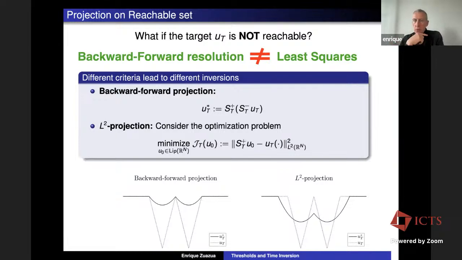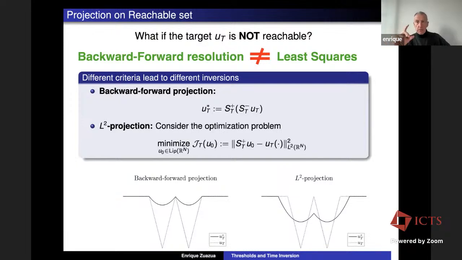But when you do the L2 projection, you see that you get something similar but not identical, right? So one of the key questions is, okay, how do you understand this backward-forward resolution from the perspective of projections and minimization of distances.